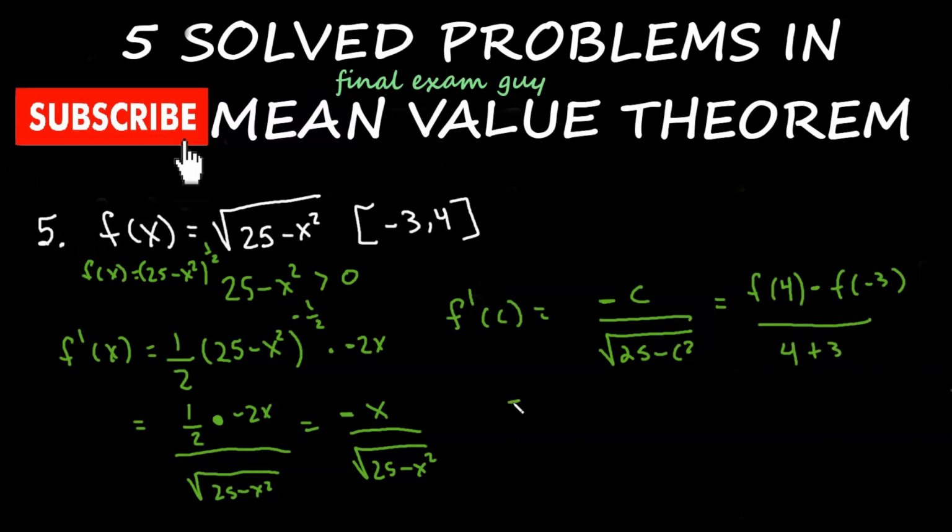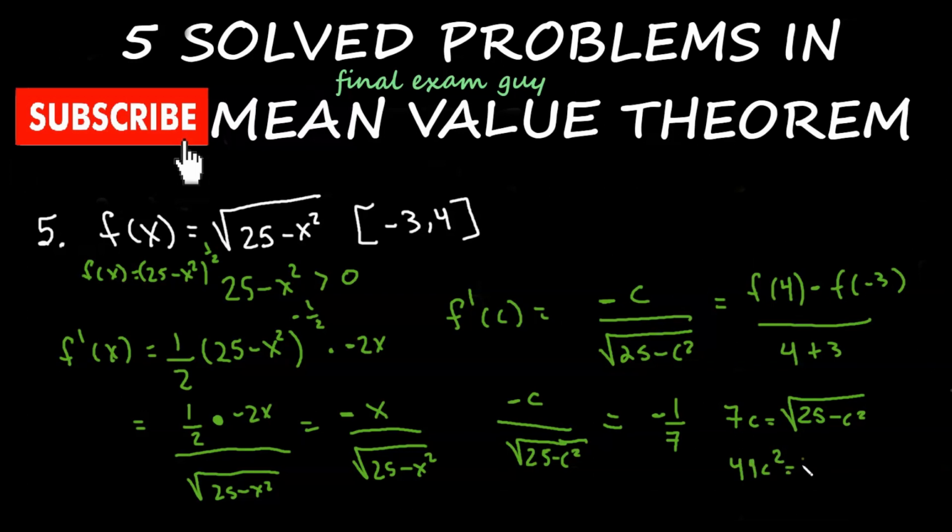And so from this we get negative c over root 25 minus c squared is equal to negative 1 by 7. And then we can get 7c is equal to root 25 minus c squared. So 49c squared is equal to 25 minus c squared. c squared is equal to 1/2.